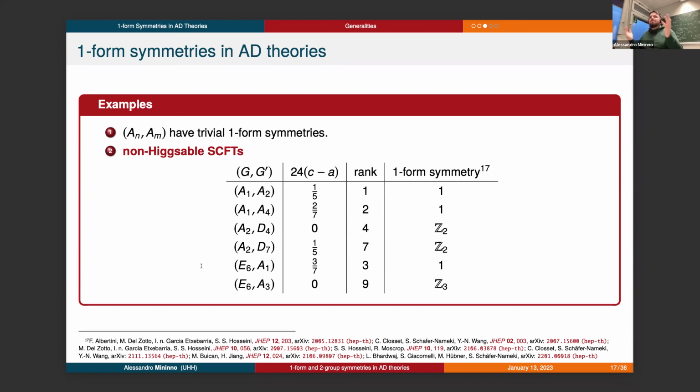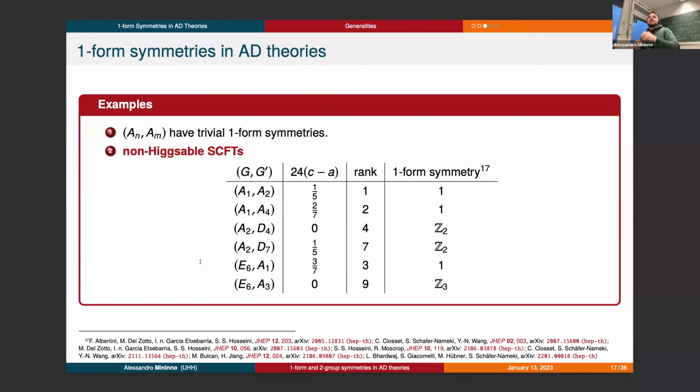For instance, as an example of one-form symmetry, the A_N theories have a trivial one-form symmetry, but you can find one-form symmetry in what we call non-Higgsable SCFTs. And these non-Higgsable SCFTs are theories that, at a generic point of the Coulomb branch, are just a collection of free hypers plus a theory without a Higgs branch.